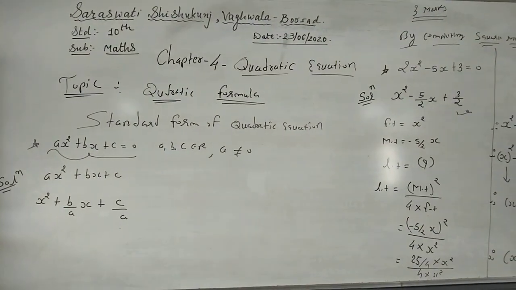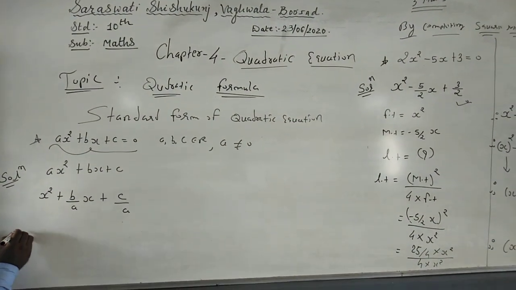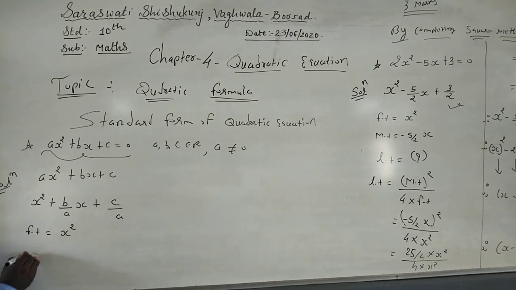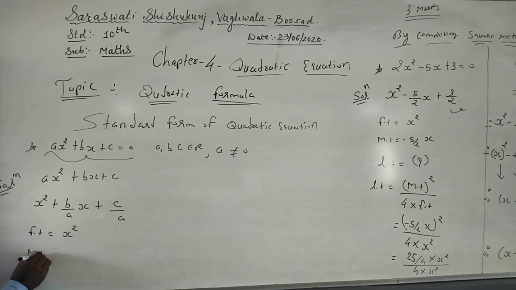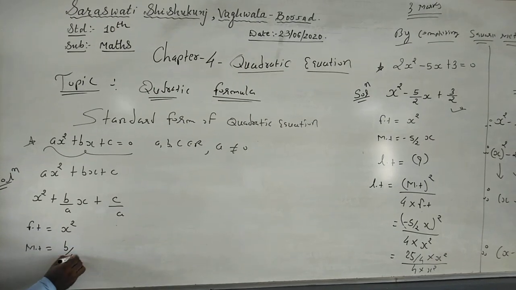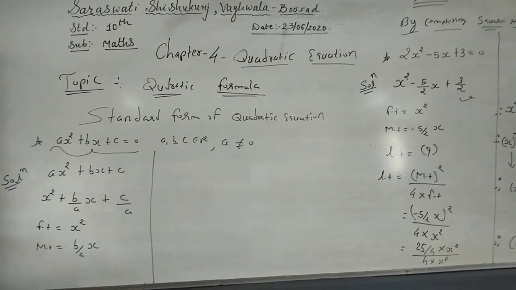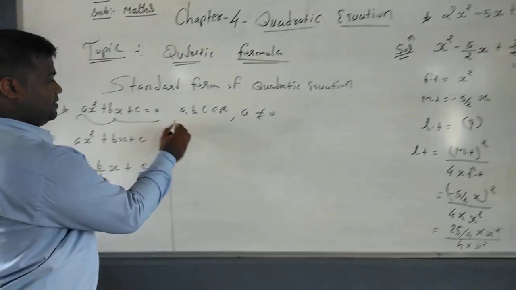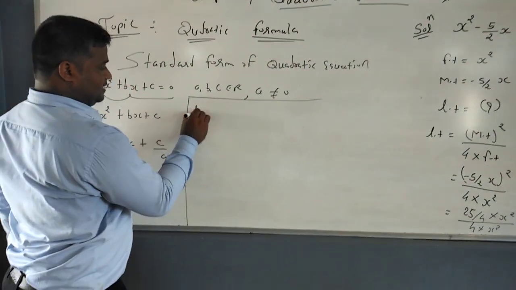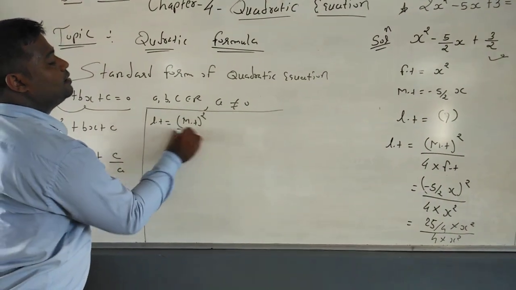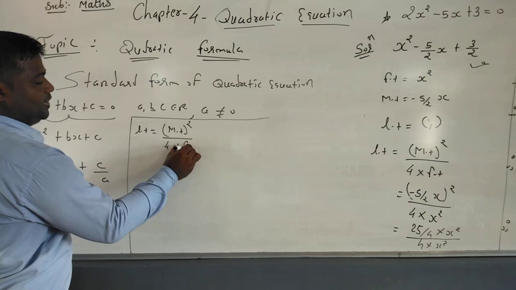You all know what we find: we are always finding the LT. For that we always use ft and mt, where mt is b by a into x. Finding LT: LT is equal to mt square upon 4 into ft.